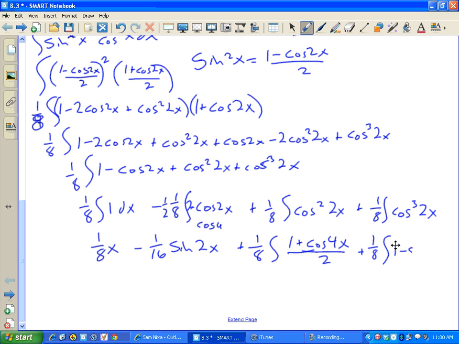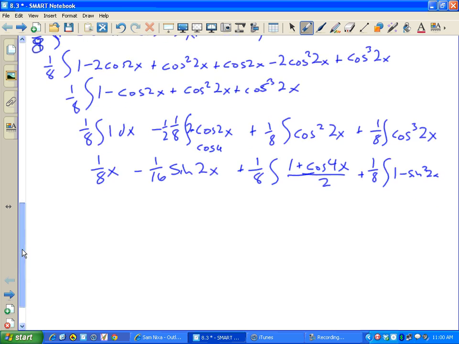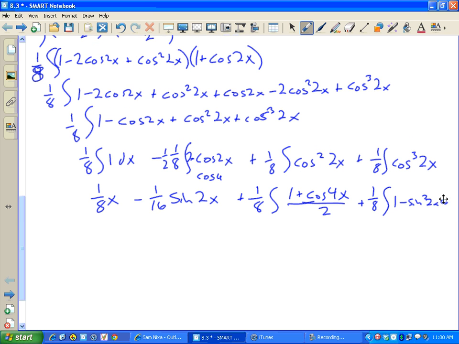So it would be 1 minus sine squared 2x with a cosine 2x dx hanging on there. Cosine 2x, yeah. So we're done with these parts. We'll just remember to bring those down at the end.